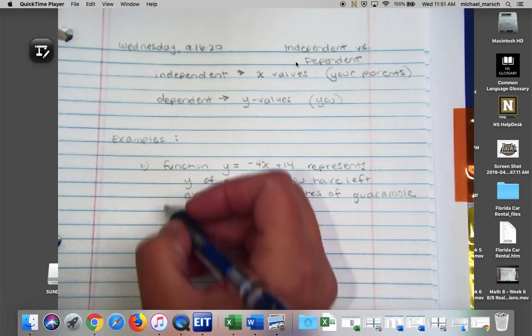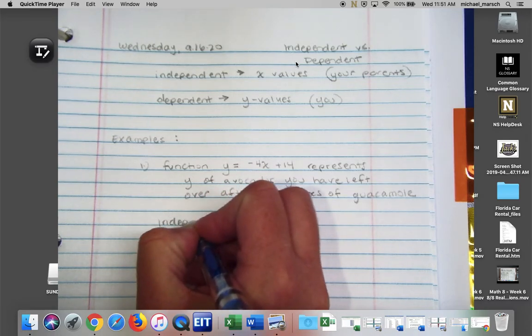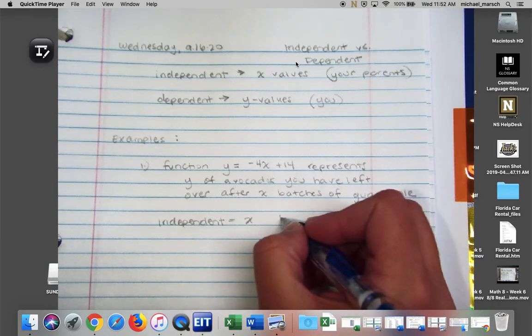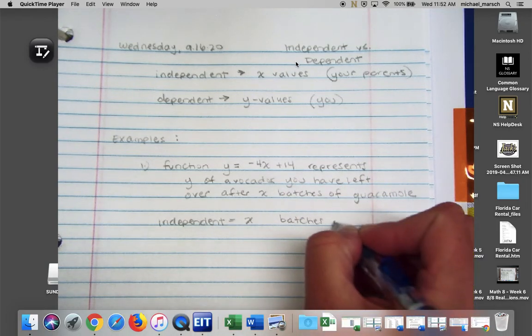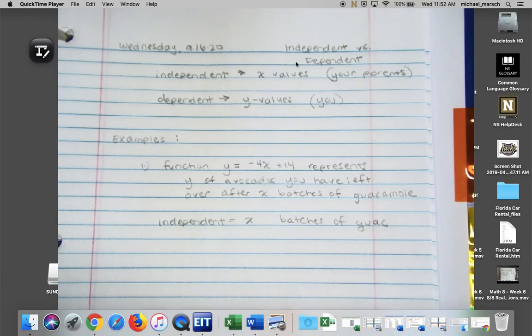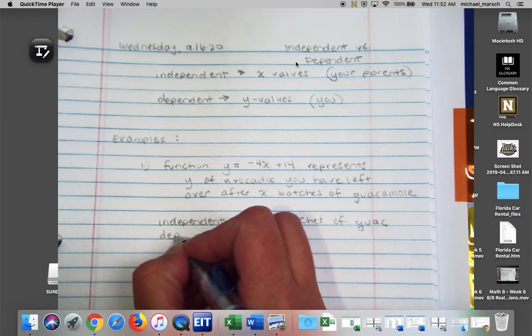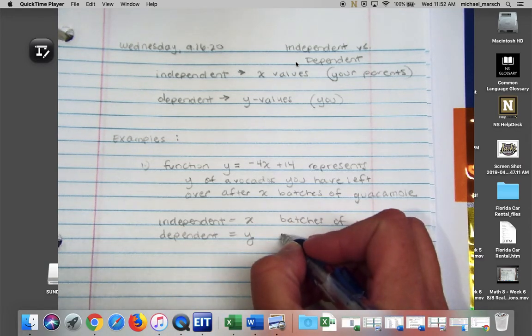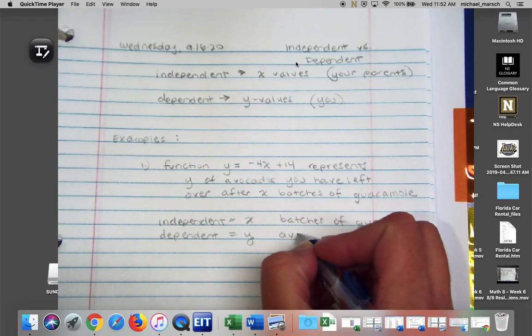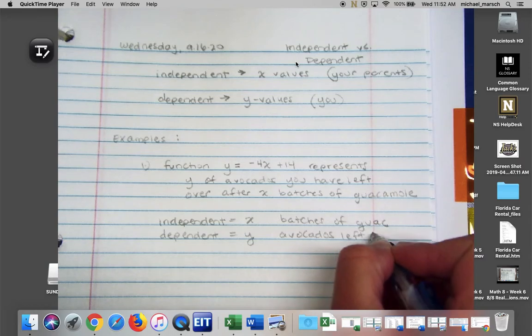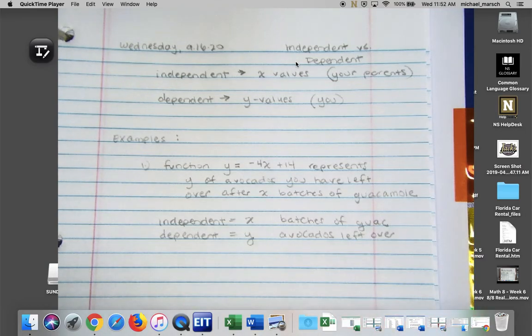So my independent variable equals x, and that's batches of guacamole. My dependent variable is the y.